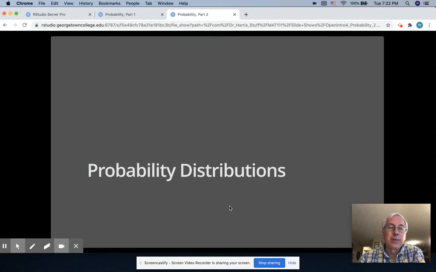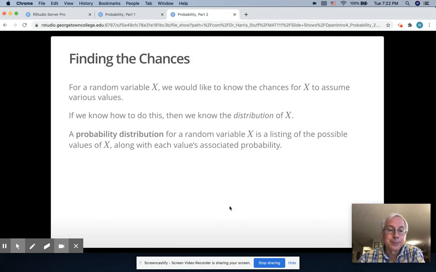So now that we've got hopefully a little bit of a feel for what a random variable is, let's introduce the notion of probability distribution. The big picture here is that we're trying to understand, for given values of the random variable, can we assign the probability that those values are taken on? And if we're able to do that for all the values of the random variable, then we're saying that we know what the probability distribution of the random variable is.